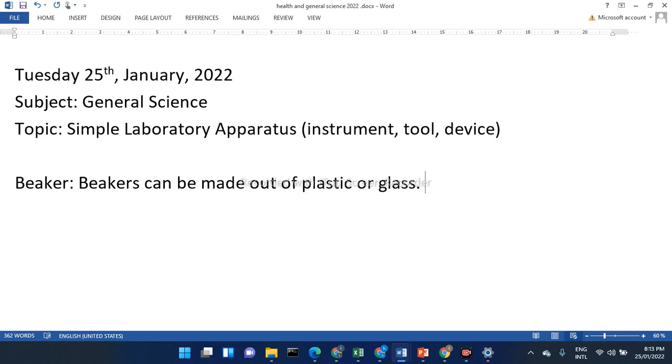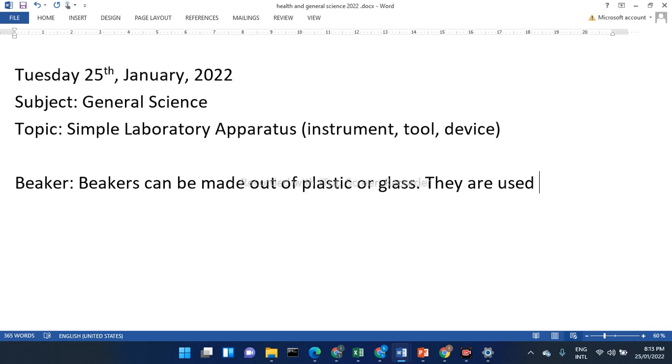And what do we use them for? They are used to hold and mix substances, and measure. We use them to hold and mix substances and measure.